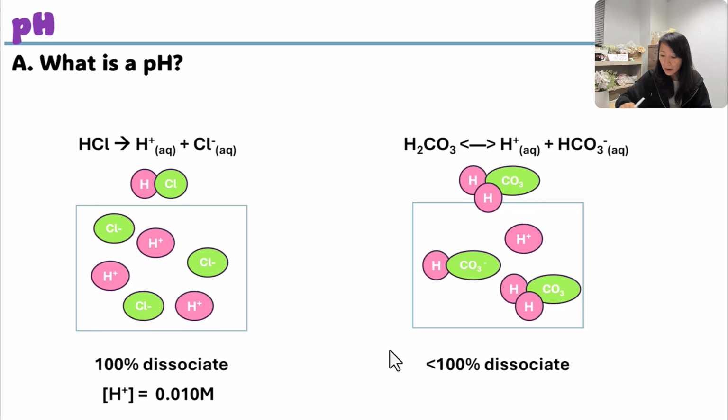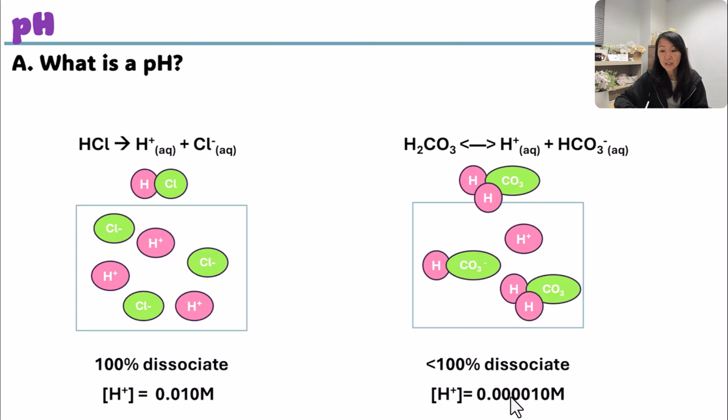Whereas on the right-hand side, even though you might have put the same amount of H2CO3 as HCl, the H plus concentration is much less, 0.000010 molarity.